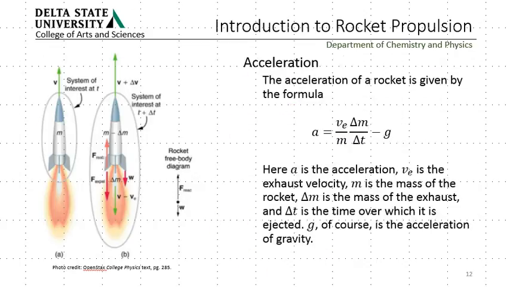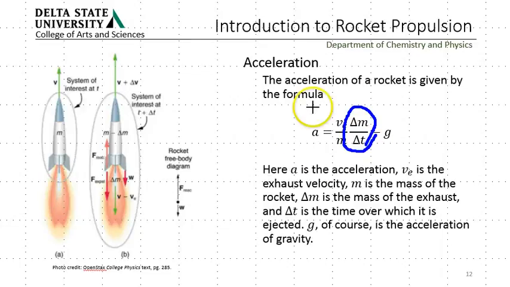So in the end, what does this mean? The acceleration of a rocket is given by the velocity of the exhaust divided by the mass of the rocket times delta m over delta t. This quantity, delta m over delta t, is the rate at which mass is going out the exhaust. That's really all it is.